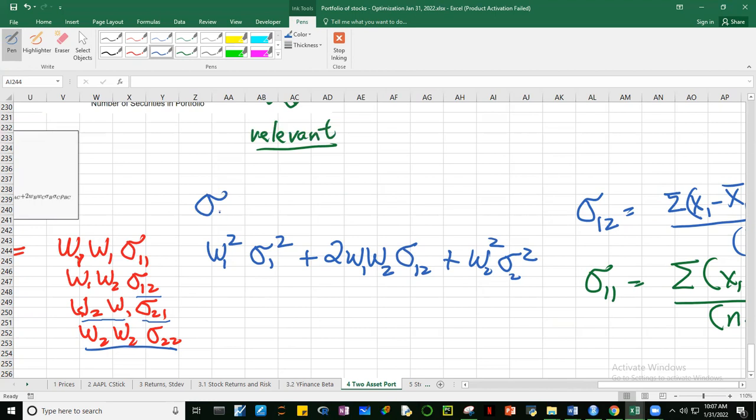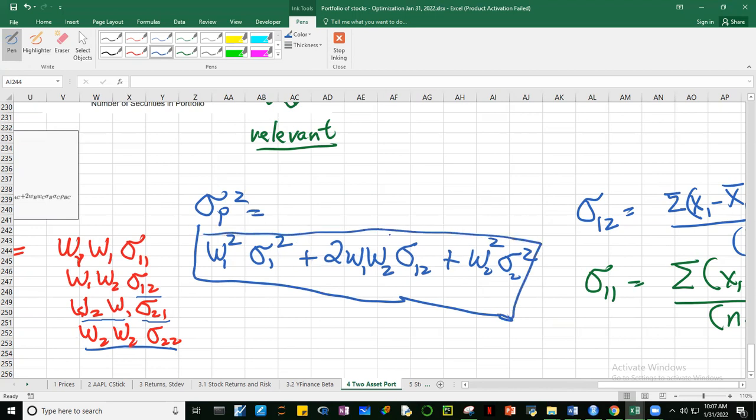So this is the variance for a 2-asset portfolio. So ang standard deviation yan, standard deviation or the risk of the portfolio, ito yung volatility, ito yung usually tawag natin dito risk, it's just the square root. No? Square root of what your variance is.